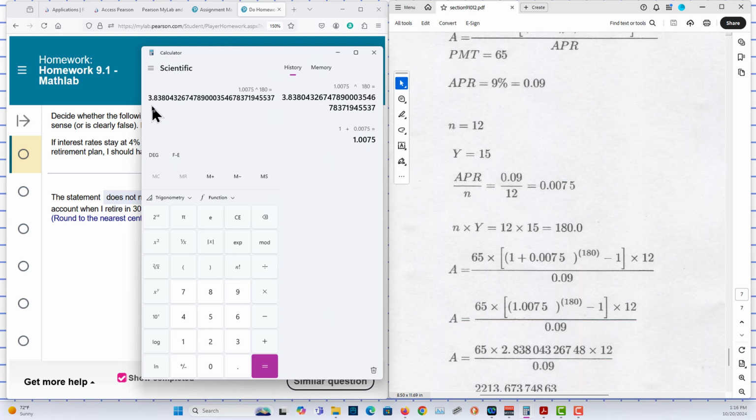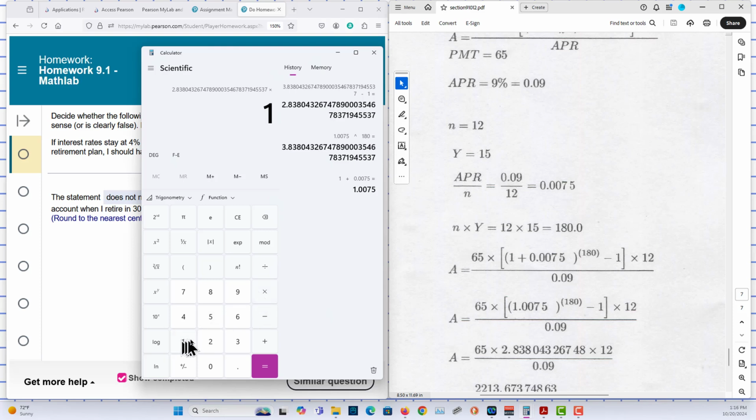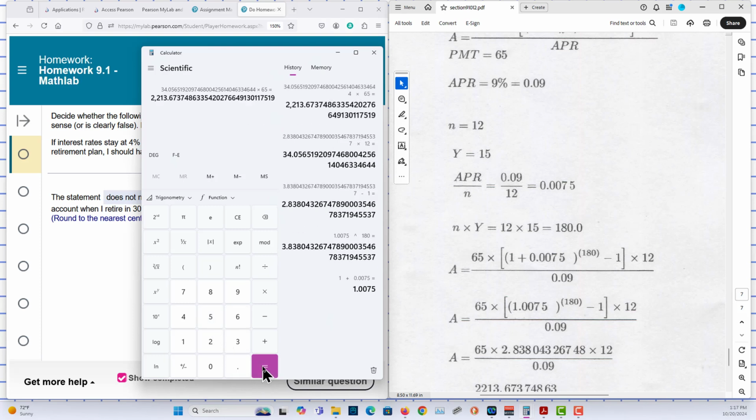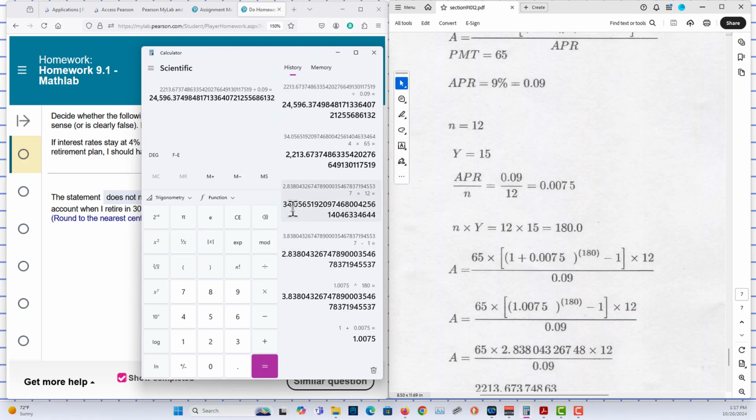And then I subtract 1 from it. And then I multiply it by 12, and multiply it by 65, and I divide it by 0.09. And that's the value I get there.